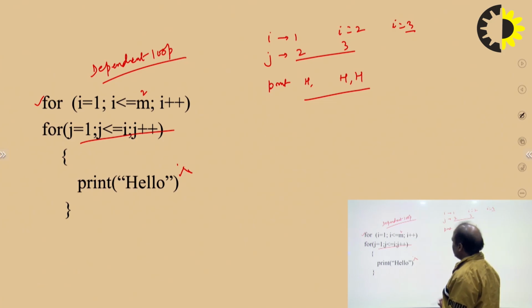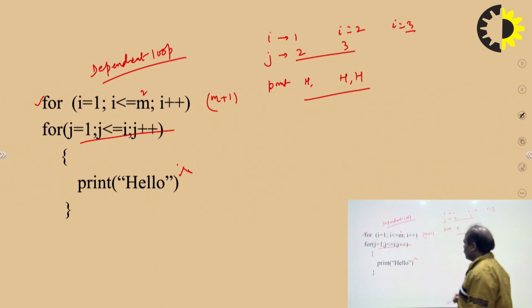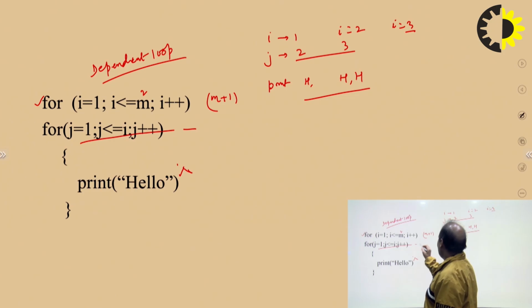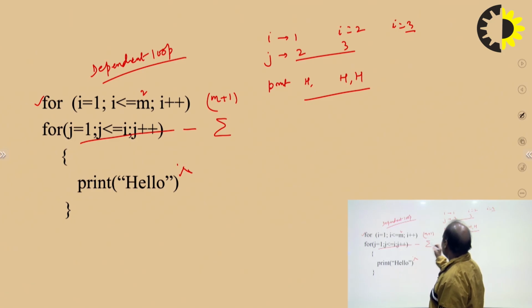Okay, so let's conclude this, how to compute it. First one is not a problem. This is m plus 1. It's correct, and this guy is of course depending on i. So its running time in terms of i will be i plus 1 minus 1 plus 1.